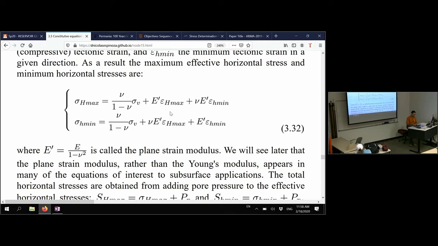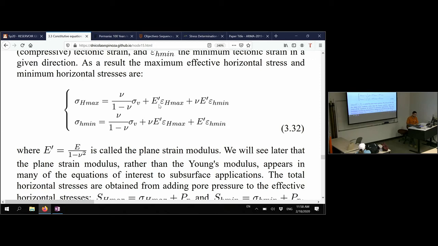And let's analyze, for example, the first equation. It tells you that the maximum effective horizontal stress is going to be whatever is the effective vertical stress times the coefficient of lateral stress, something that we already knew.